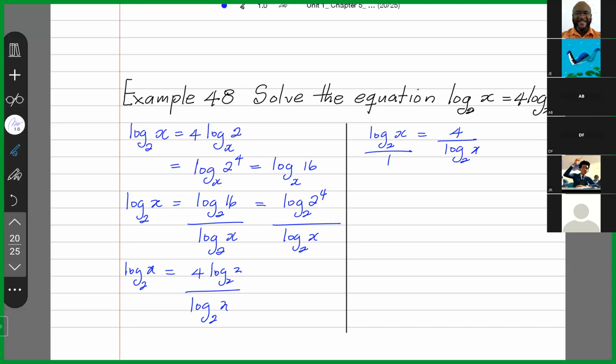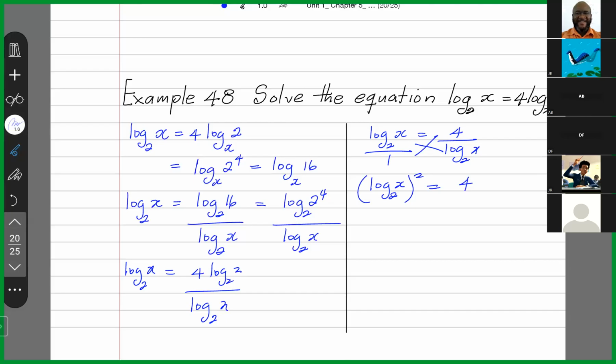Now, if I have one fraction equal to one fraction and I want to get rid of the fraction, I would cross multiply. So we have log to the base 2 of x times log to the base 2 of x. So this is log to the base 2 of x squared, because you multiply it by itself, is equal to 1 times 4, which is 4. Now, I'm going to what?